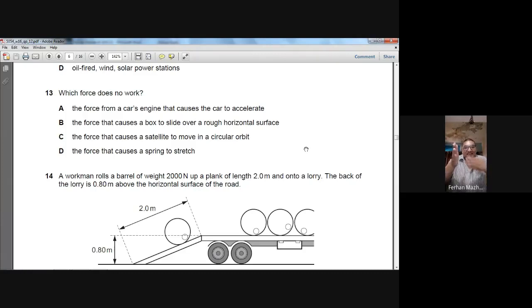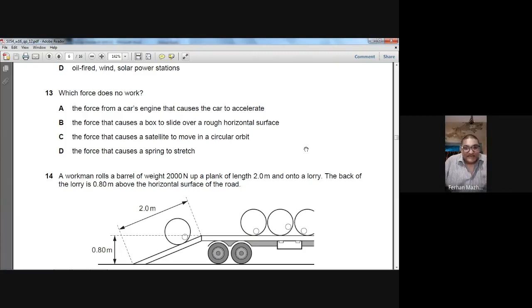So tangent and the radius are perpendicular to each other. And I have told you that if you apply force and the body moves perpendicular to the direction of the force, the work done will be 0. Okay, so C is the choice, the force that causes a satellite to move in a circular orbit.